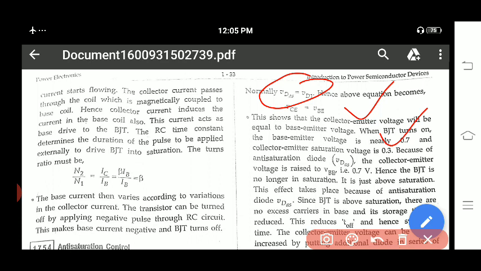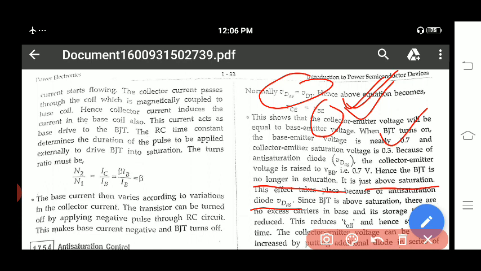Because of the anti-saturation diode, collector to emitter voltage rises to 0.7 volt, since V_DAS equals V_D1. So the BJT is no longer in the saturation region. It is just above saturation. This effect takes place because of the anti-saturation diode V_DAS.